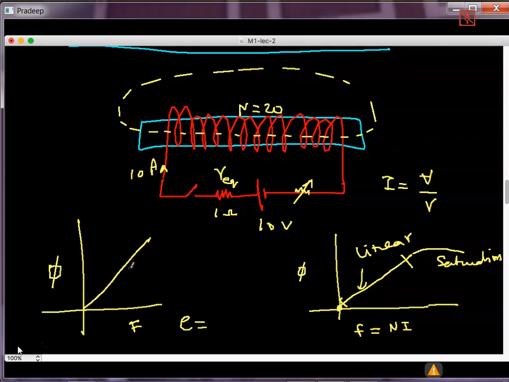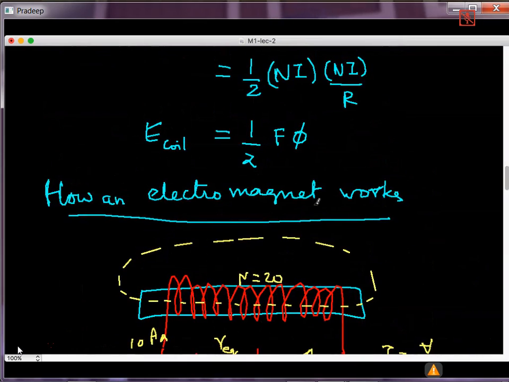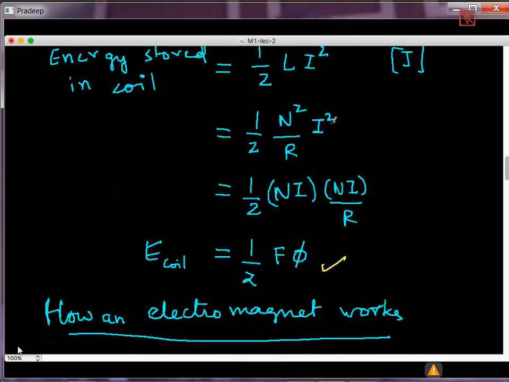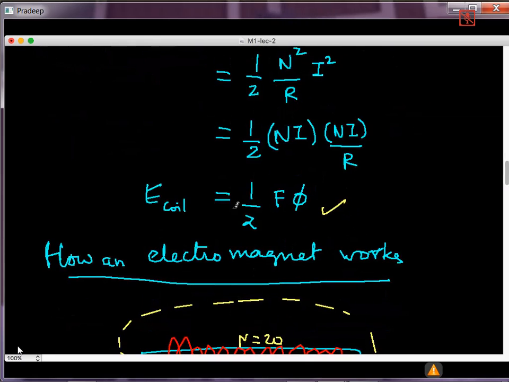Then you look at the energy. At a particular point I have some F, and at that point I have some flux. So energy is nothing but half into F into flux. We had seen this formula, half Li square, which is the electrical formula for the energy stored, whereas this is the mechanical formula, half into F into flux.